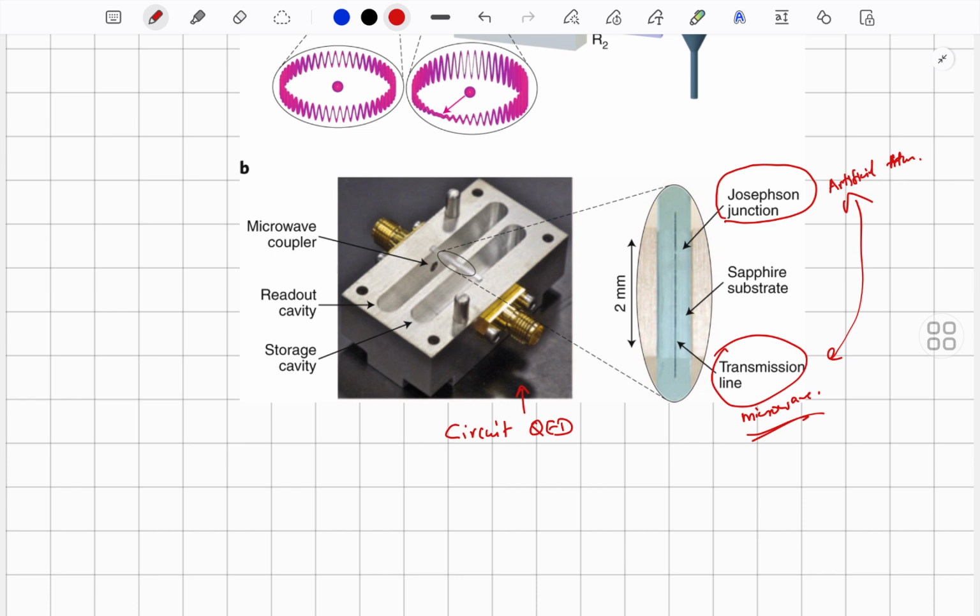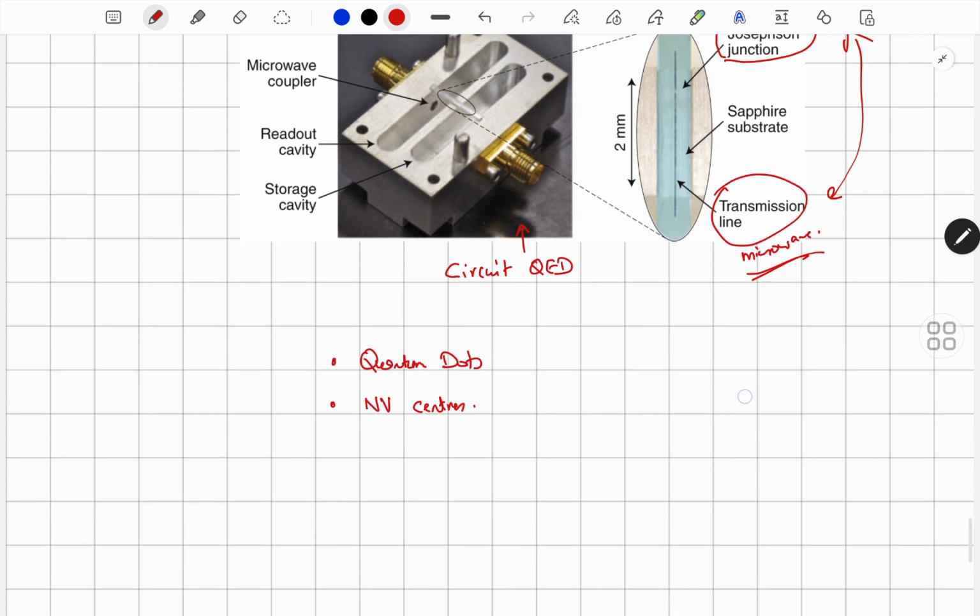And there are other ways as well, such as using quantum dots, and ways to achieve this particular setup using nitrogen vacancy centers, basically called NV centers. So there are many ways to do this.